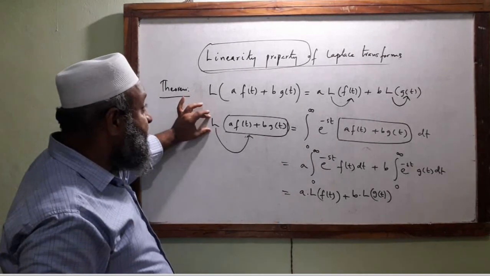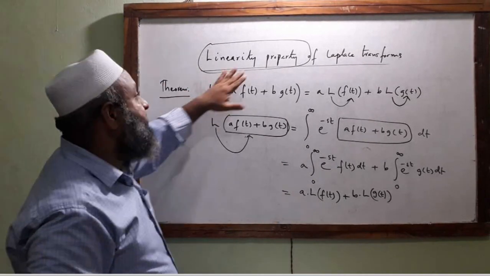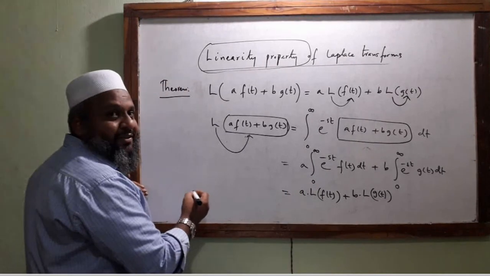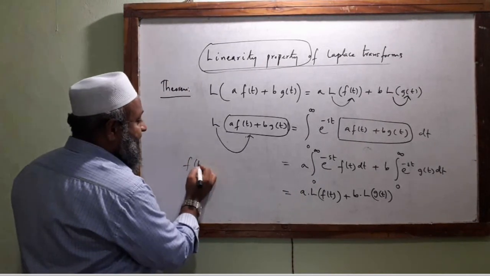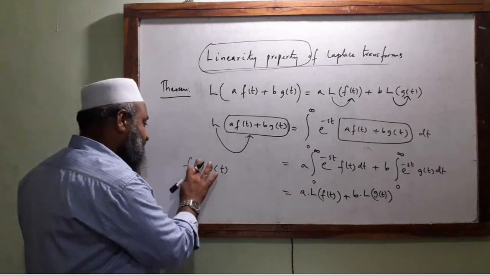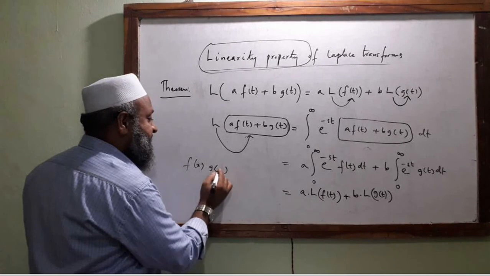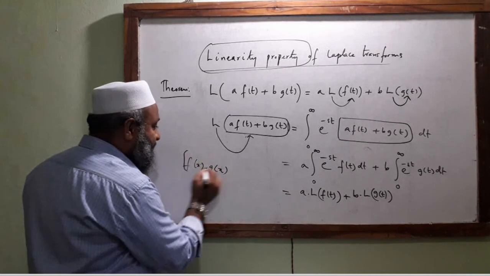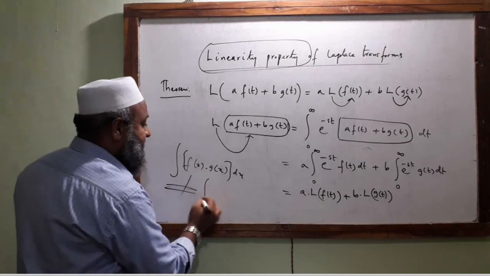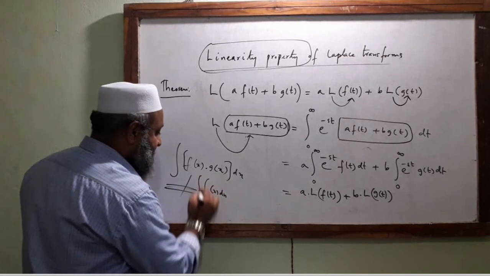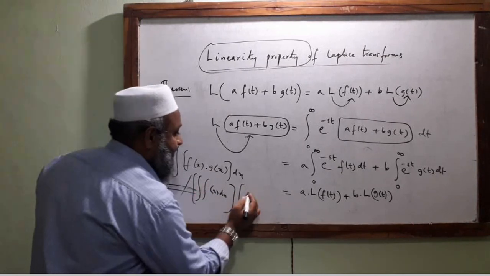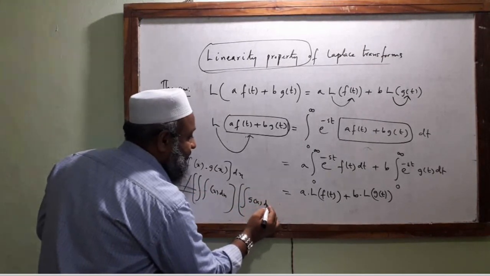So the Laplace transform satisfies the linearity property, and I hope you will recall that if f of t and g of t are two functions, or f of x and g of x are two functions, then the integral of the product of these two functions cannot be written as the integral of f of x dx into the integral of g of x dx.